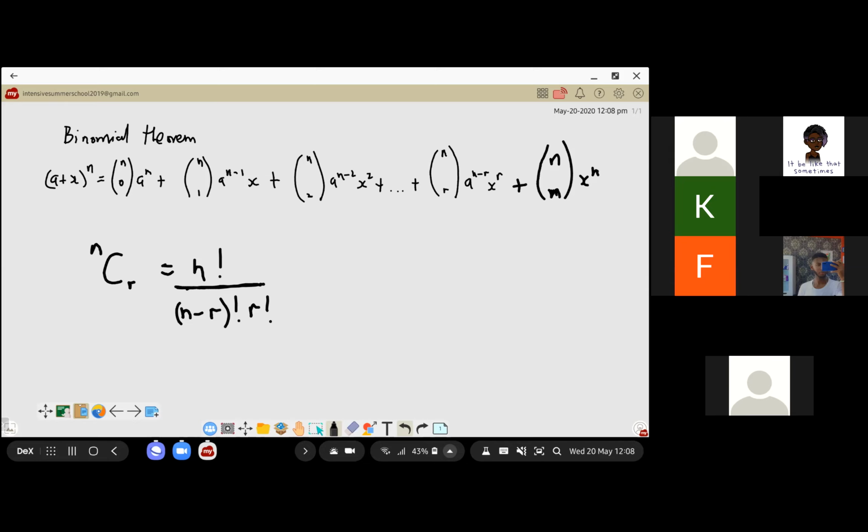Good. So this is the formula for n combination r: n factorial over (n minus r) factorial r factorial.